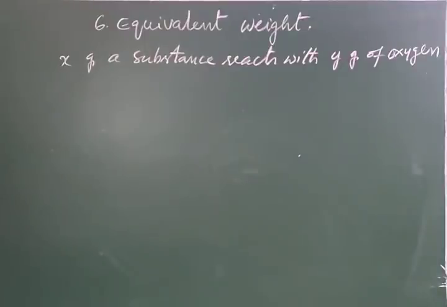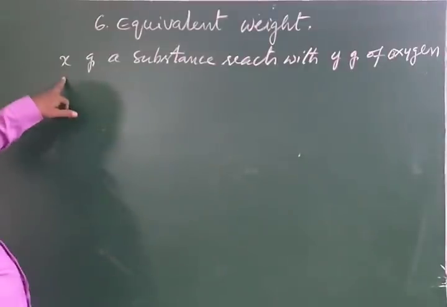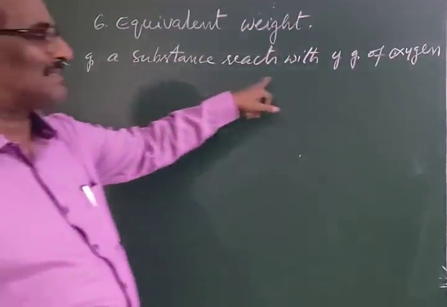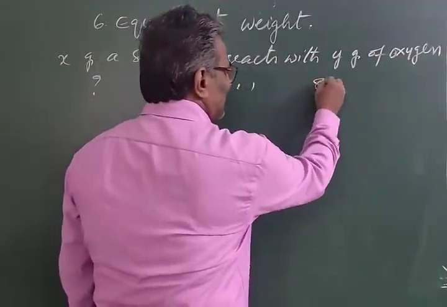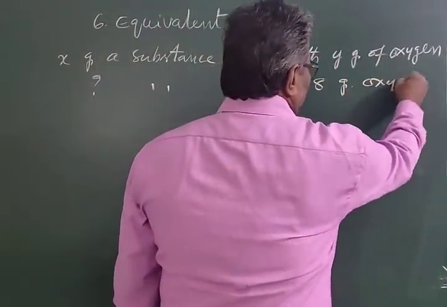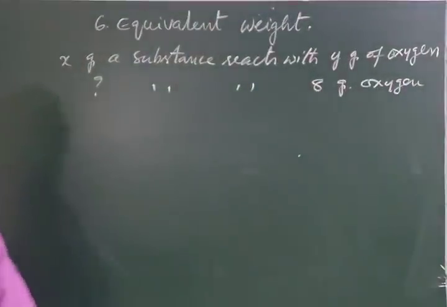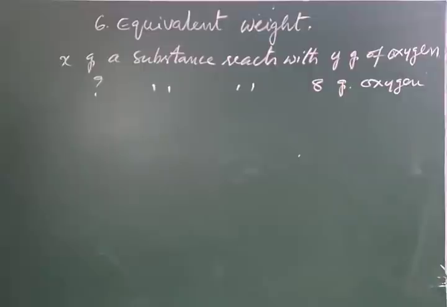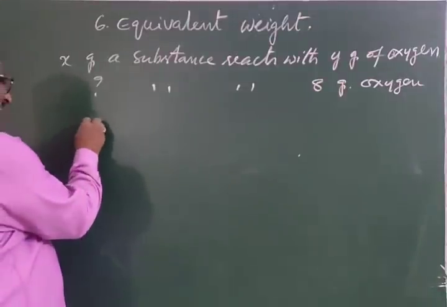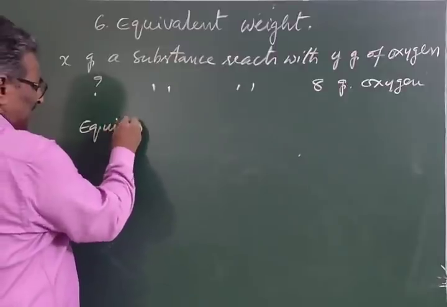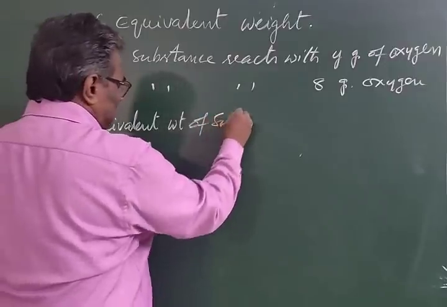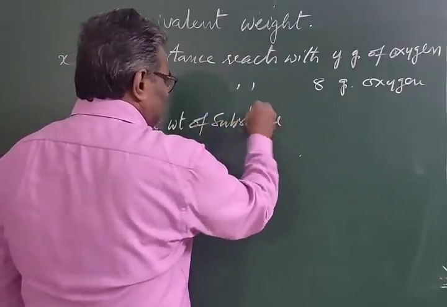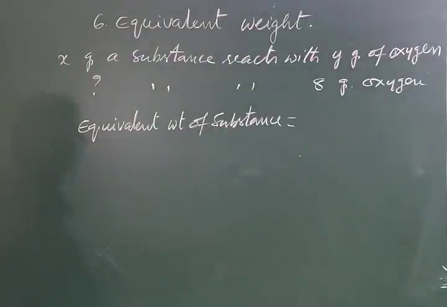What is the equivalent weight of the substance? Equivalent weight of a substance is the amount of substance in grams that reacts with 8 grams of oxygen. How many grams of substance react with 8 grams of oxygen? That is to be calculated. That will be the equivalent weight. Equivalent weight of substance is equal to how much?